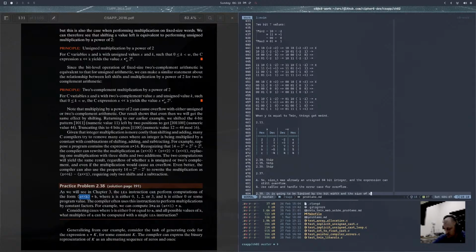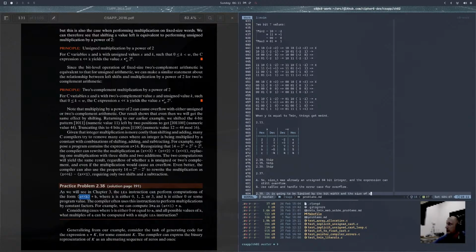Thus we can compute 1, 2, 3, 4, 5, 8, and 9. Let's continue reading.